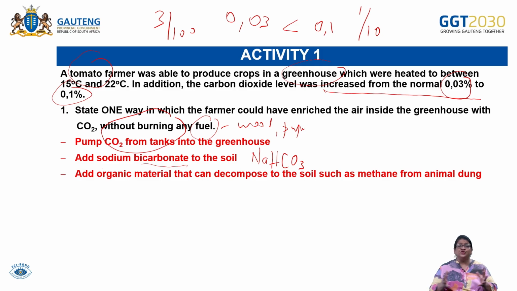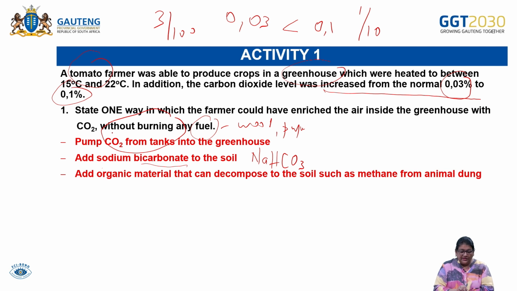If you collect all the droppings from cows, from donkeys, and make it into a heap, and then seal that heap and have a little tube going from that heap, as those leaves decompose or get rotten, what gas will be released? It will be CO2. So any organic material that is decomposing, you can have your own compost heap. It will release CO2, even from animal dung, and you can increase the CO2.